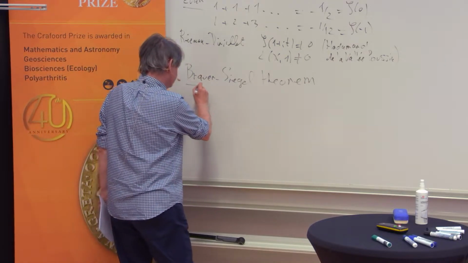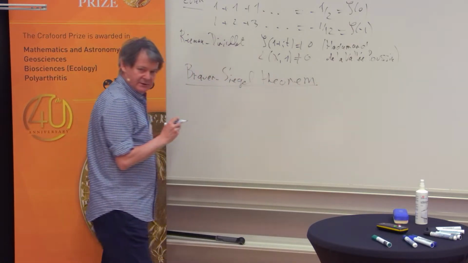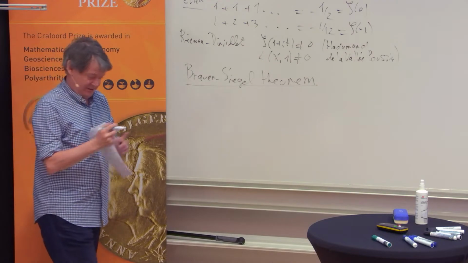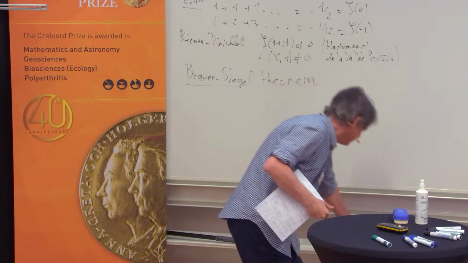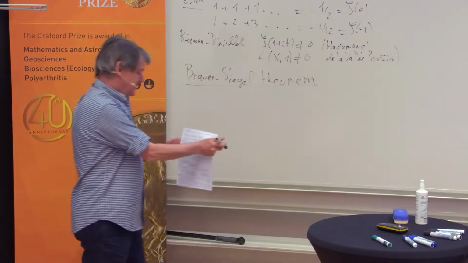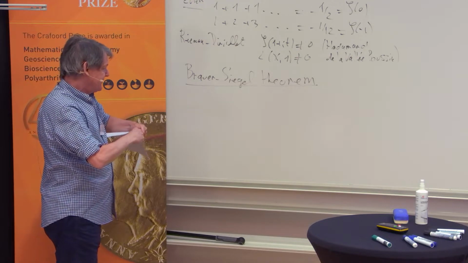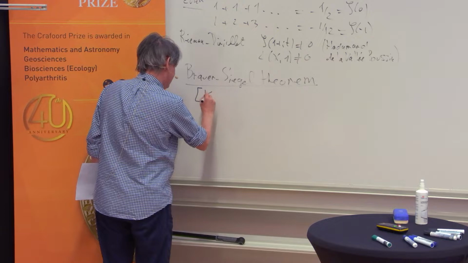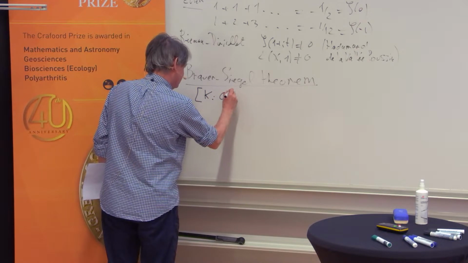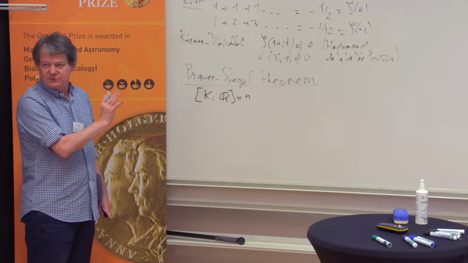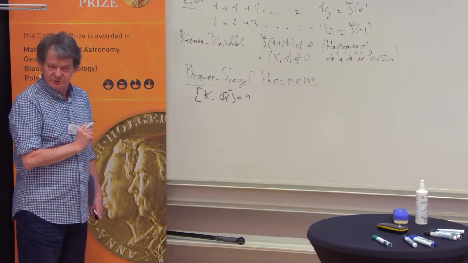So I will give a slightly simplified version there. So the Brauer-Siegel theorem is a theorem about number fields. So I will pick number fields. My simplification is I will take them with a fixed degree over Q.